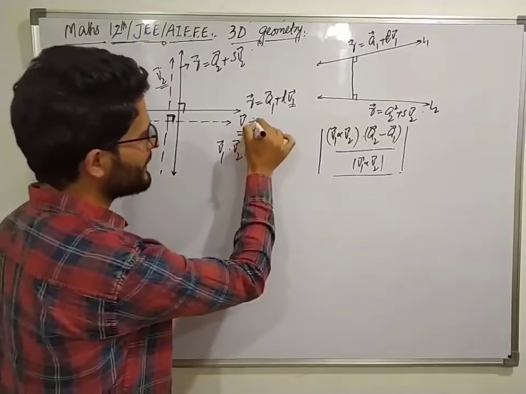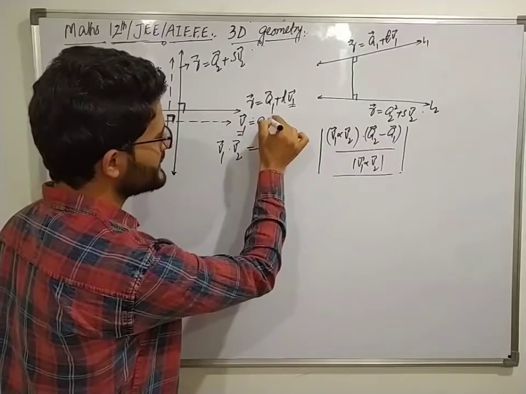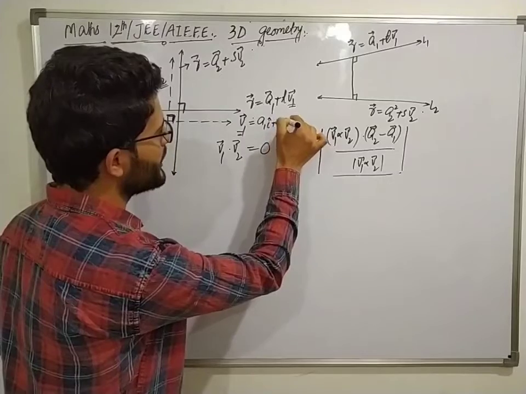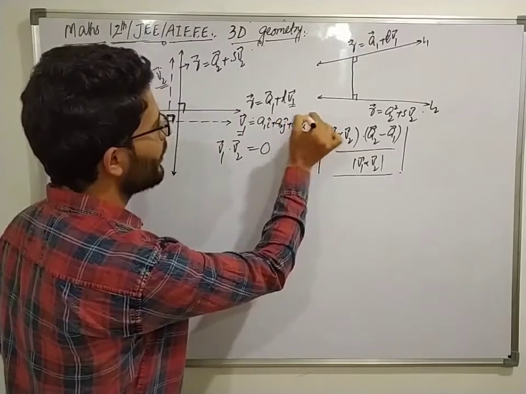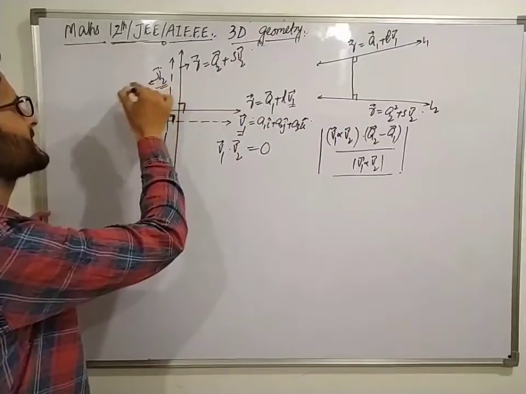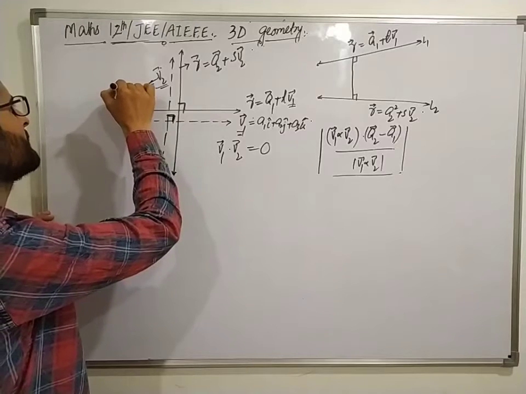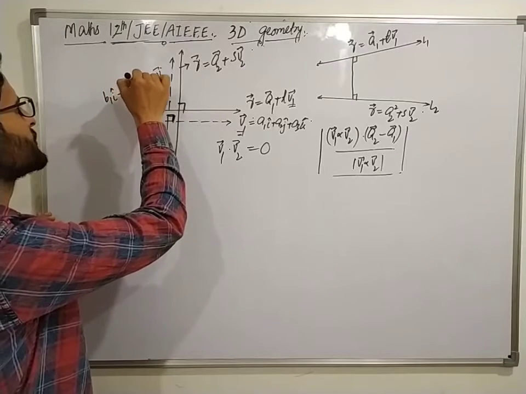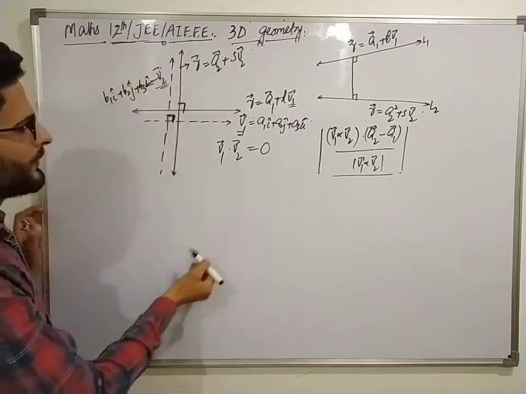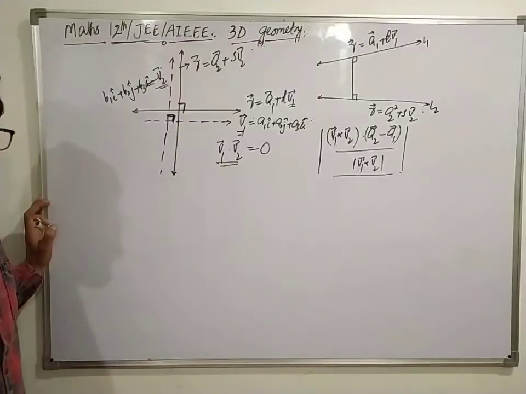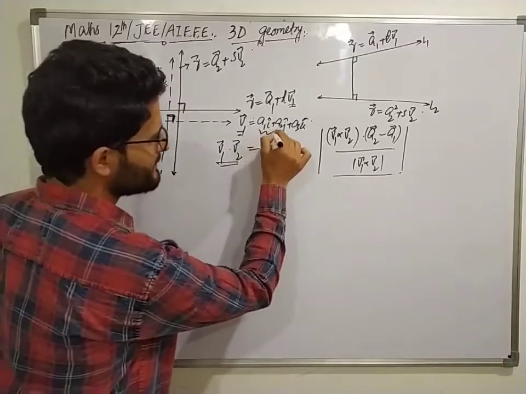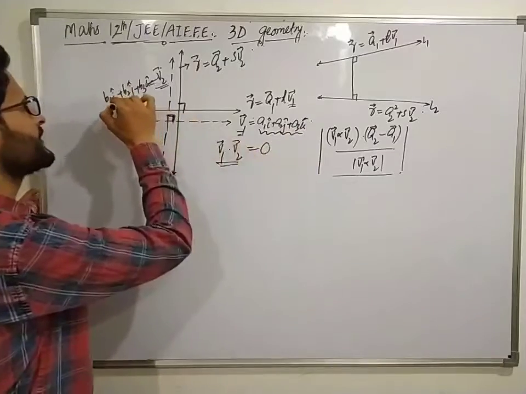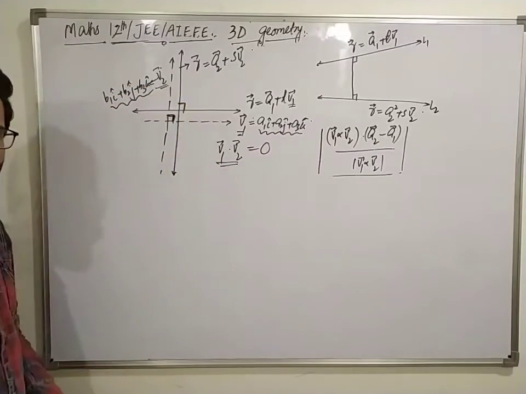Now if V1 is a vector that has been expressed as A1i plus A2j plus A3k, and V2 is a vector that has been expressed as, suppose, B1i plus B2j plus B3k, then you have to find V1 dot V2. V1 is a vector expressed in terms of components, V2 is again a vector expressed in terms of components.